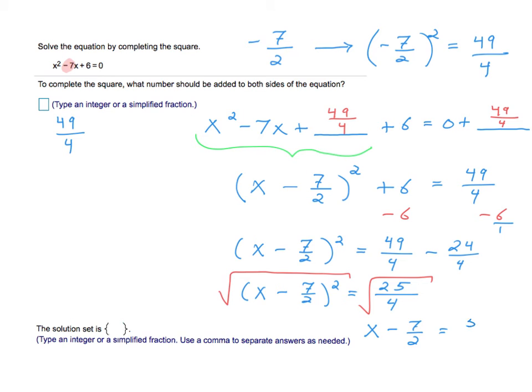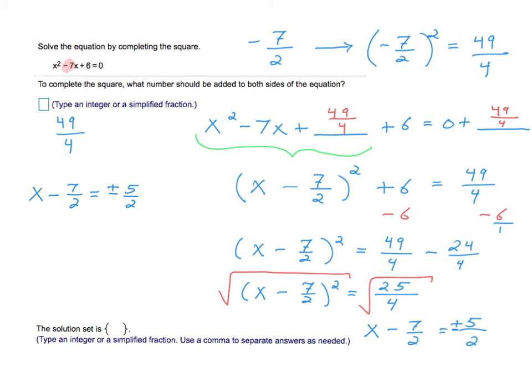So this reduces to 5/2. I'll just note that there's two solutions, so I have to put positive and negative. So we're getting really close. Let's complete this problem by, and I'll put my work over here. We're solving x minus 7/2 is equal to plus or minus 5/2.